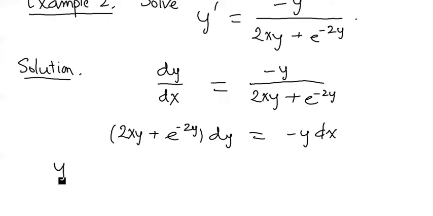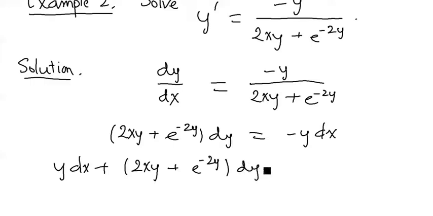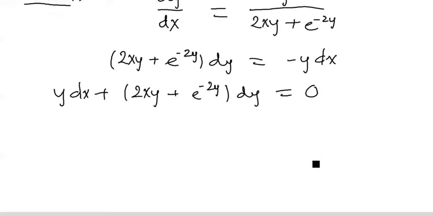The minus becomes a plus y dx plus 2xy plus e to the minus 2y dy equals 0. And now we have M is just y, and N is 2xy plus e to the minus 2y.